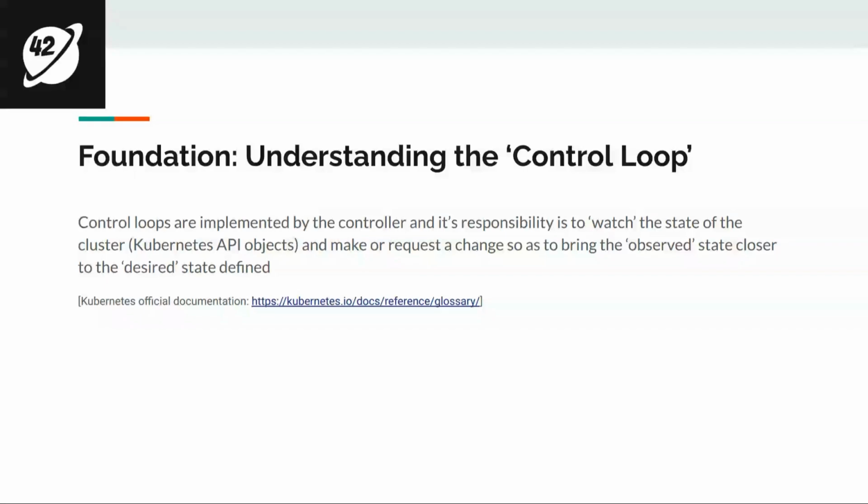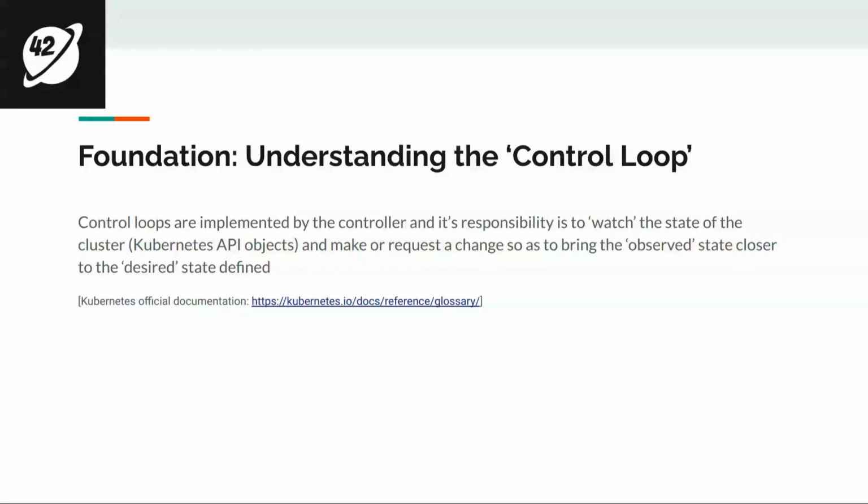But what are these control loops, what specific action are they going to perform, and on what? Control loops are implemented by, pretty obviously, a controller, and their responsibility is really to watch over the state of the specific Kubernetes API object that they are assigned to.